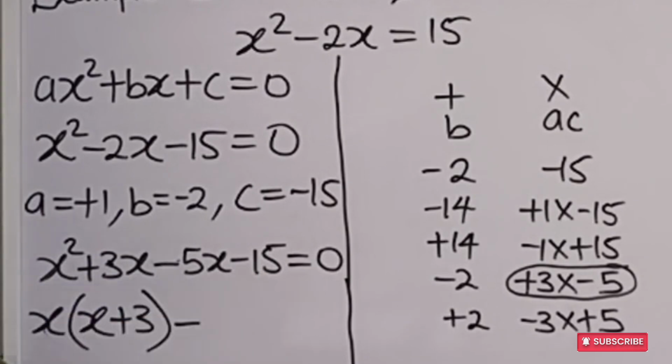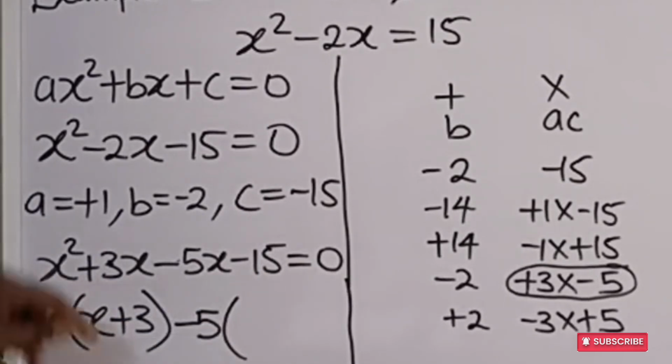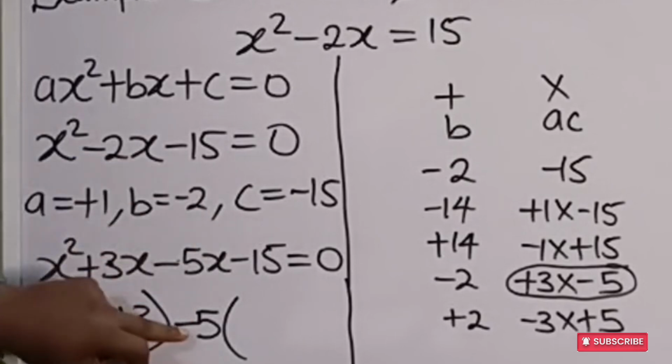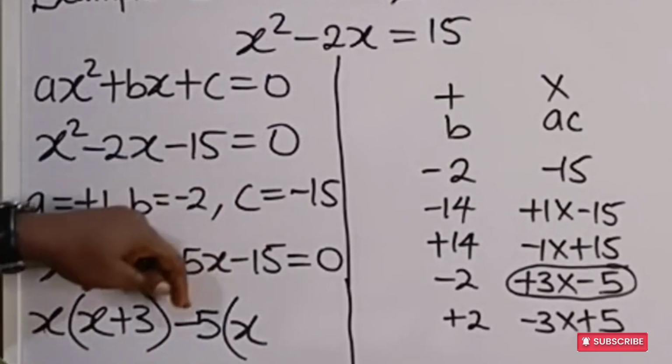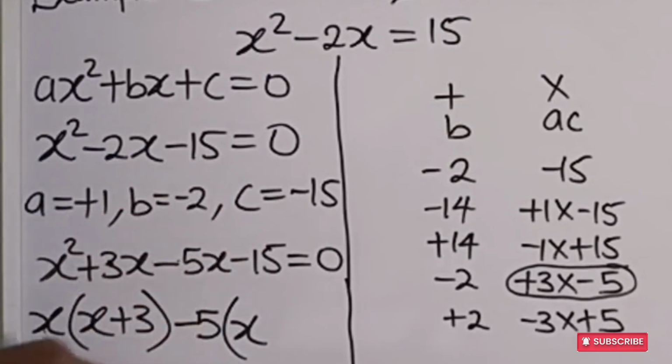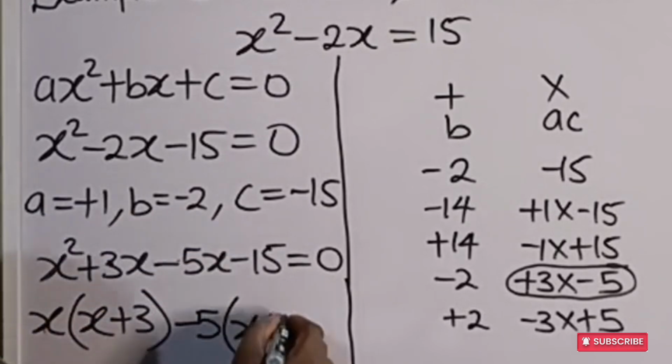Minus 5x and minus 15, what is common is minus 5. Minus 5x divided by minus 5, minus 5 will cancel out minus 5, we have x. Minus 15 divided by minus 5, minus divided by minus is plus, 15 divided by 5 is 3.